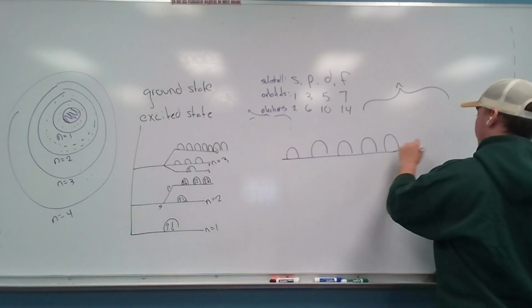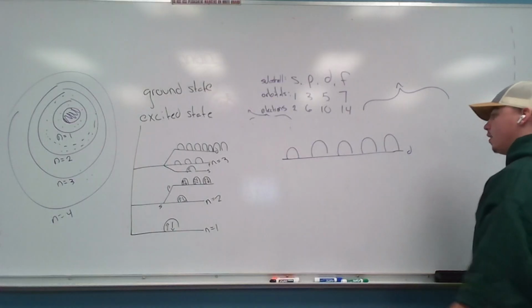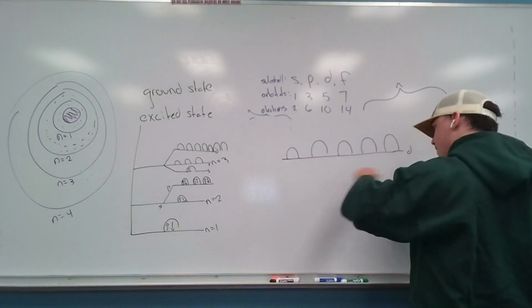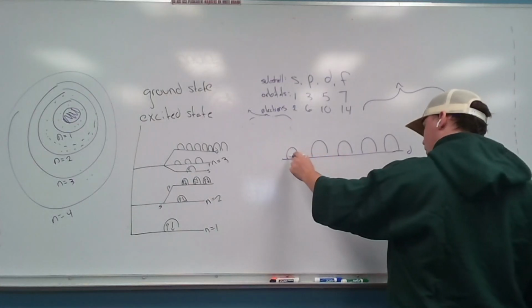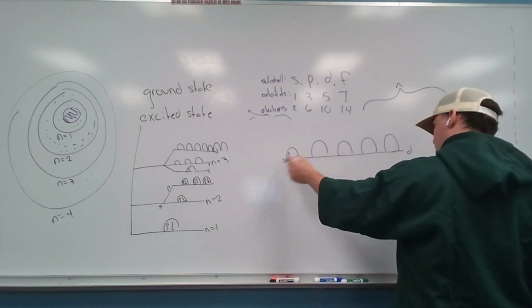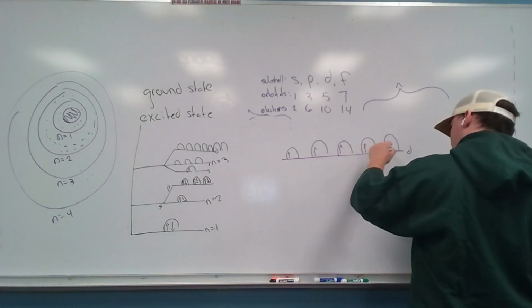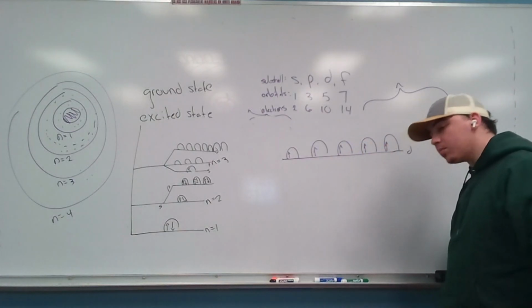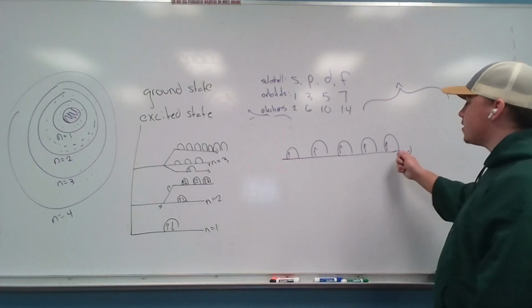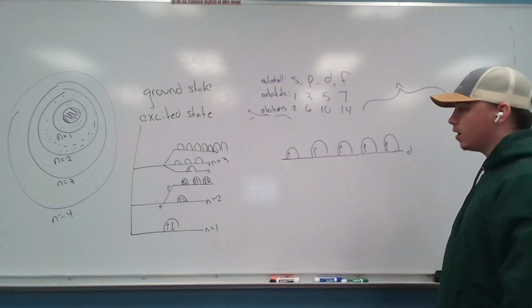This is the D subshell, on any of them. It doesn't matter which shell you're in. So, if I fill up my D subshell with valence electrons, it's going to go 1, 2, 3, 4, 5. Boom, it's half full. And the atom likes that.